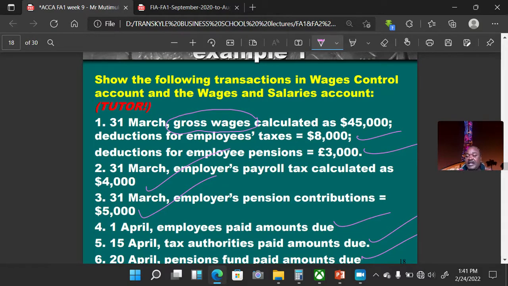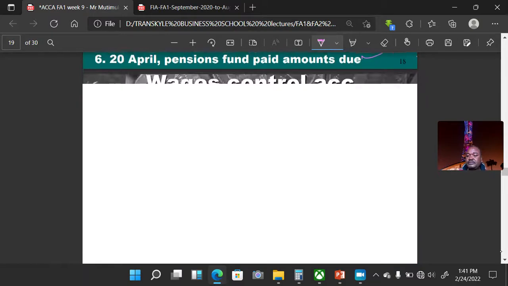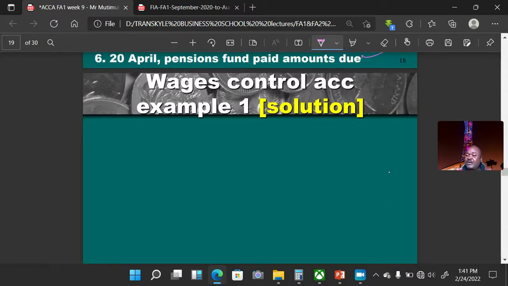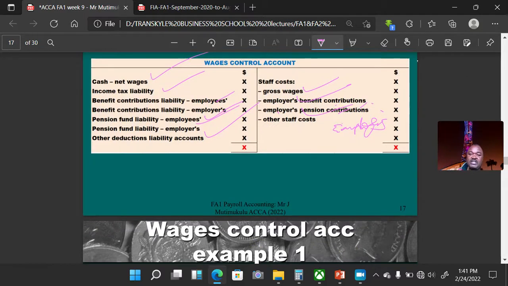So let us start with the wages control account. Remember this template is very useful. That's the wages control account.